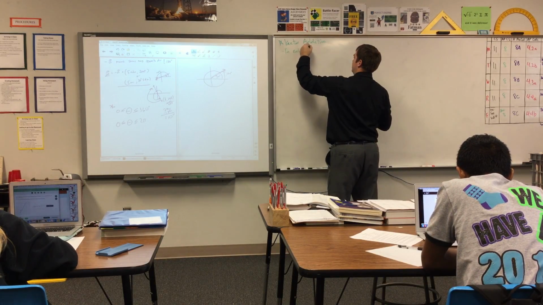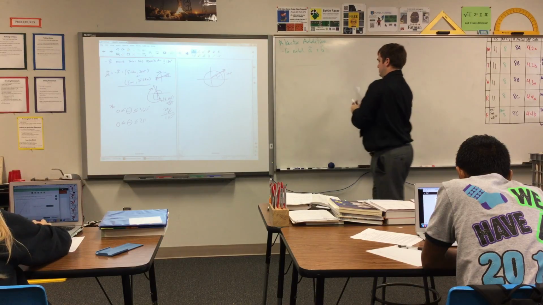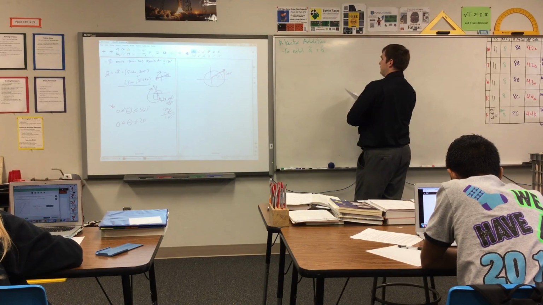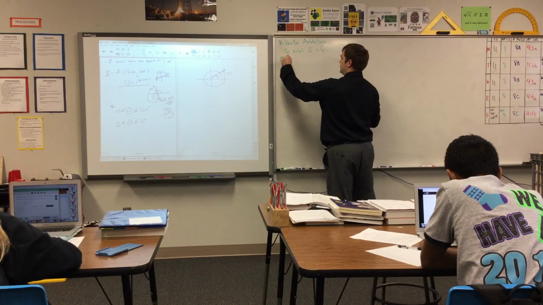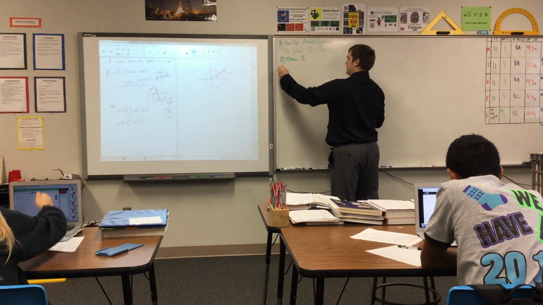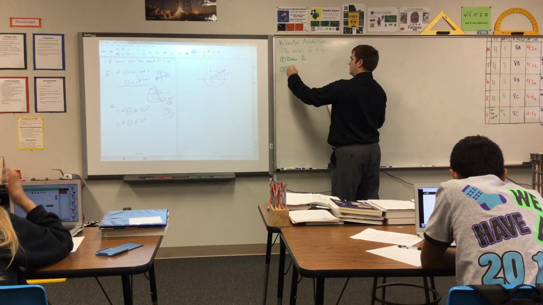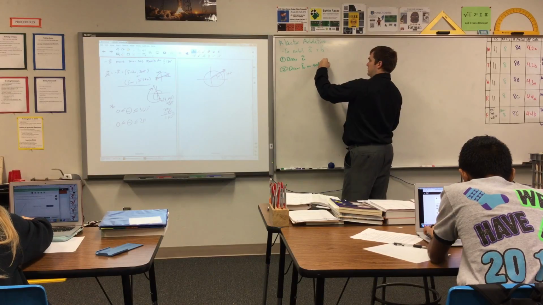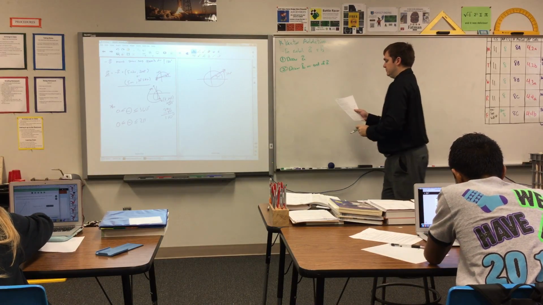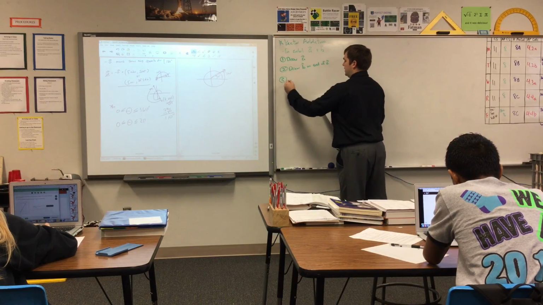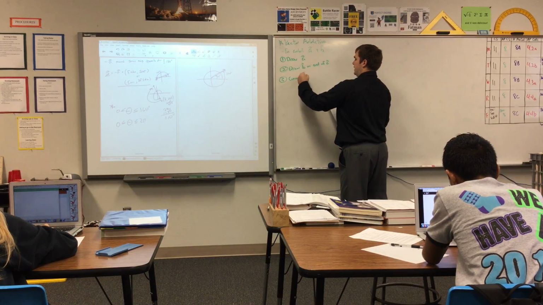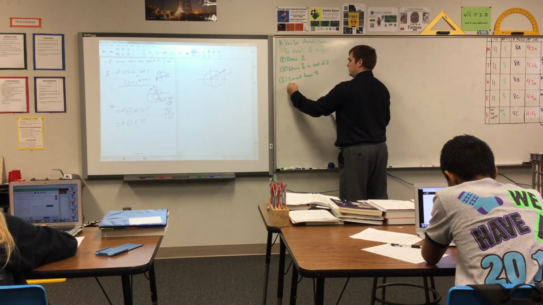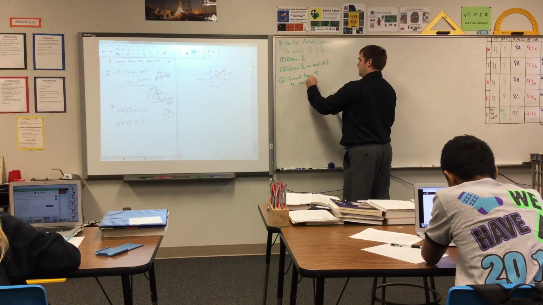To add vectors A and B, step one, draw A. Step two, draw B on the end of A. And step three, connect the beginning of vector A to the end of vector B.